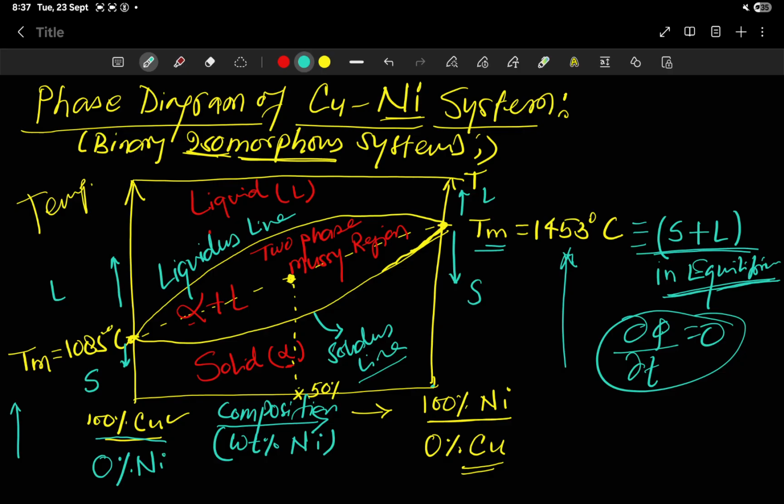The line acting as a boundary between the solid phase and this mushy region, its spelling is M-U-S-H-Y, right? So these are the important points in the phase diagram of the copper nickel system, that is called a binary isomorphous system.